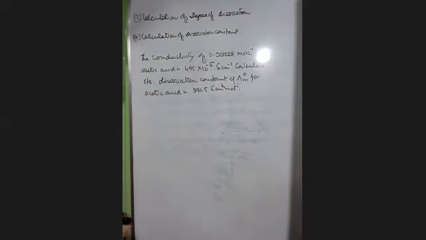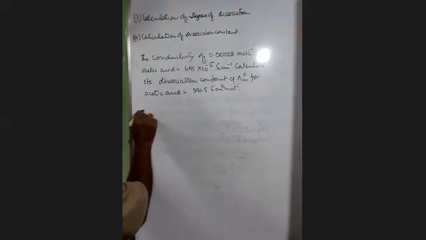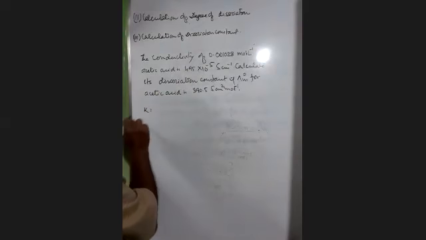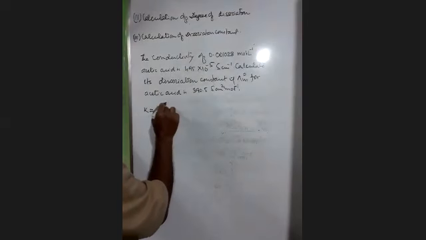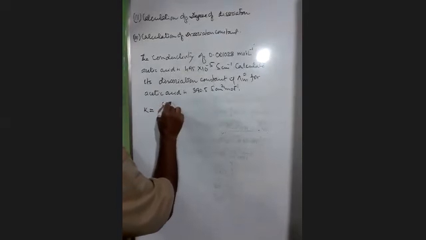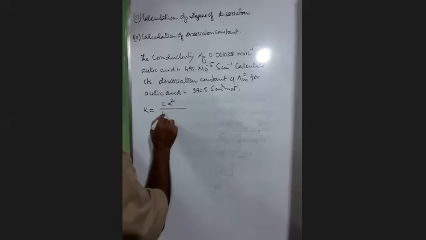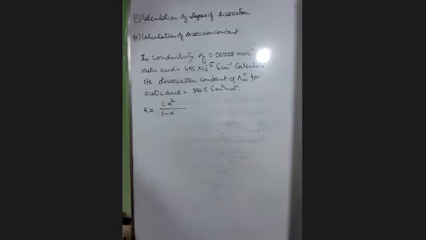So I'll give you the hint. What is the hint? We know K is equal to C alpha square by 1 minus alpha.